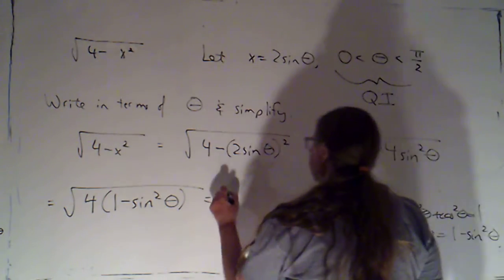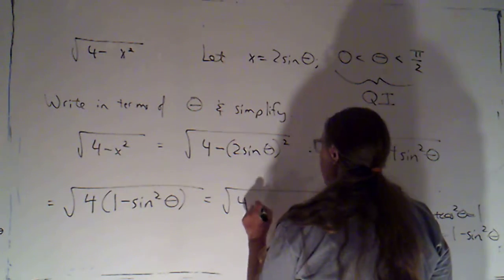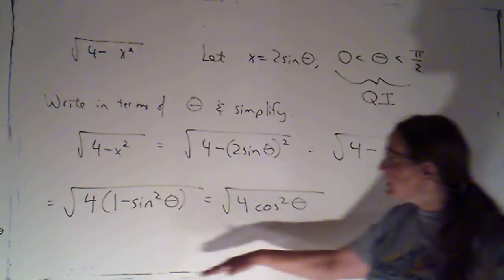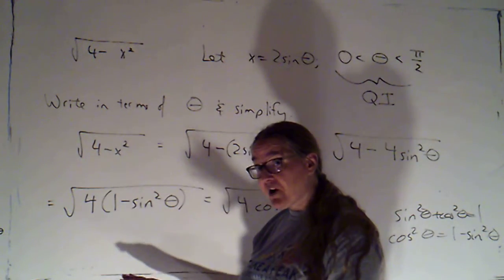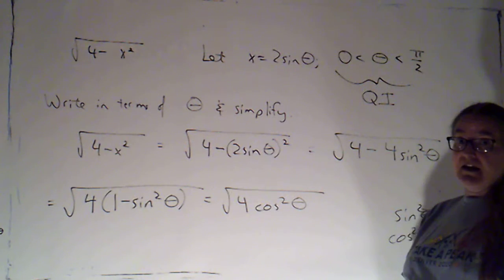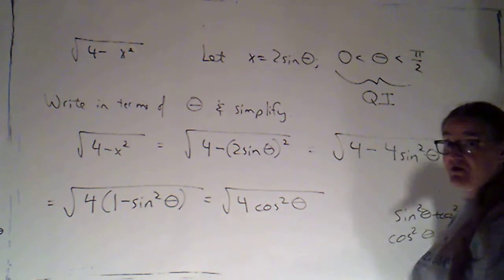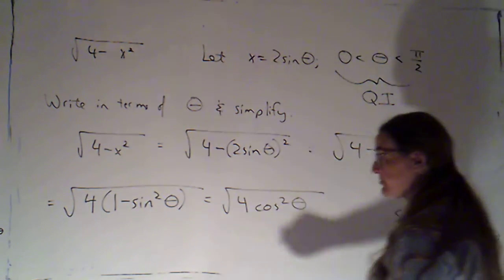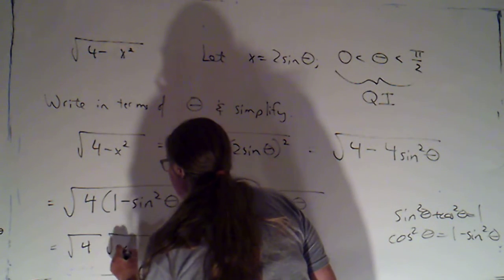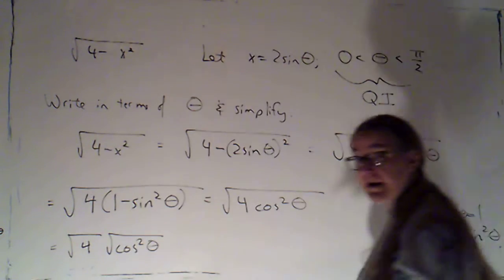But notice now I can say that's the square root of 4 times cosine squared theta. So now, instead of having a subtraction problem under the radical, I have a multiplication problem under the radical. And square roots do distribute over multiplication problems. So that's the square root of 4 times the square root of cosine squared theta.